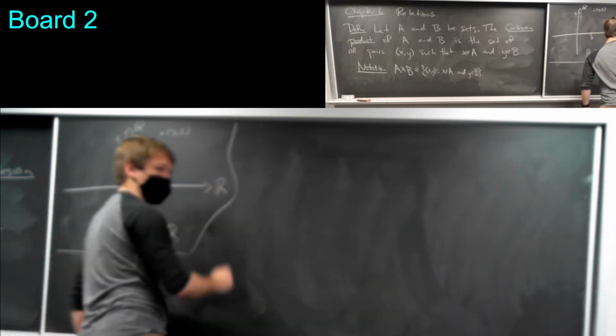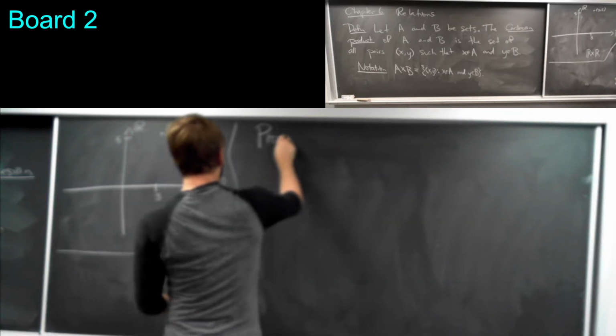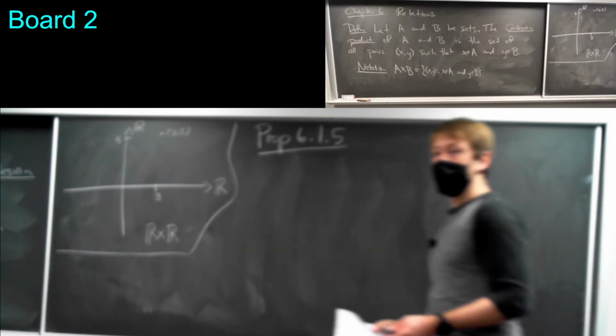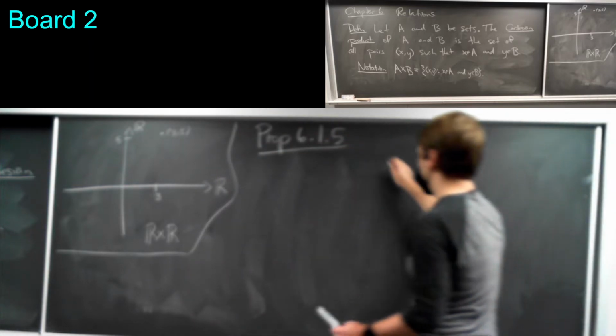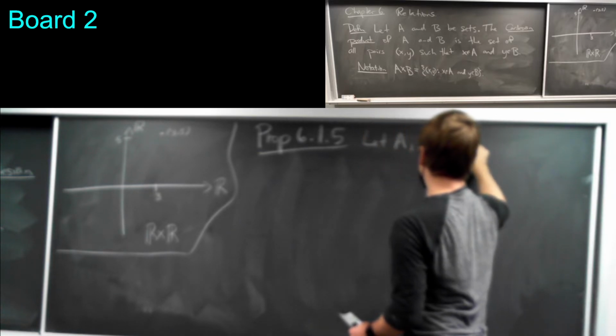So like I said, there's a lot of set theory stuff that kind of comes back here. So for example, proposition 6.1.5, which says that, let A, B, and C be sets.